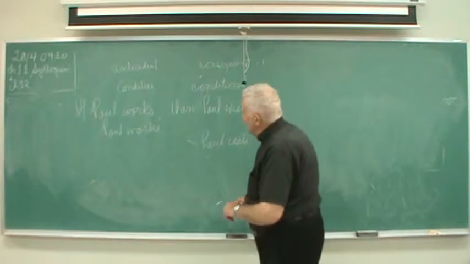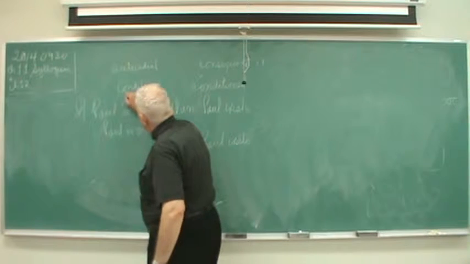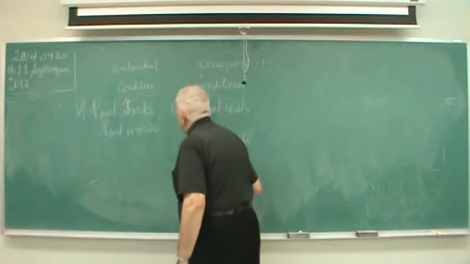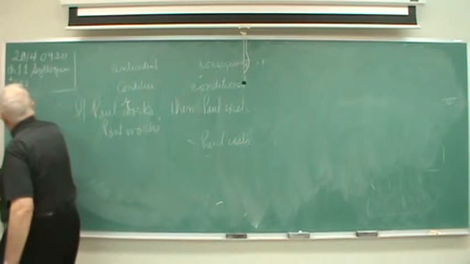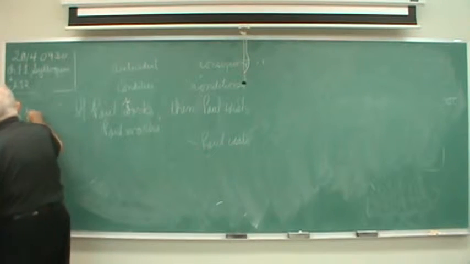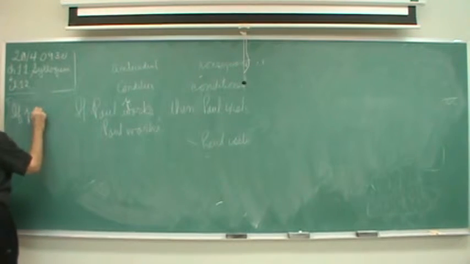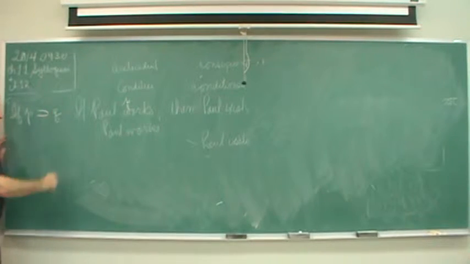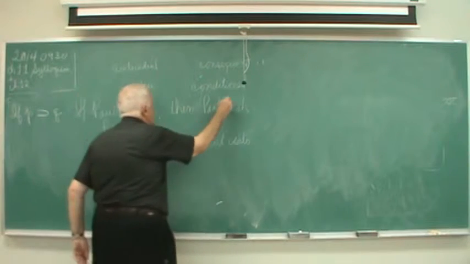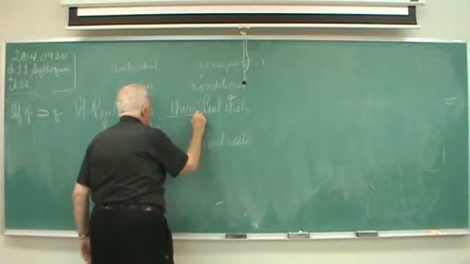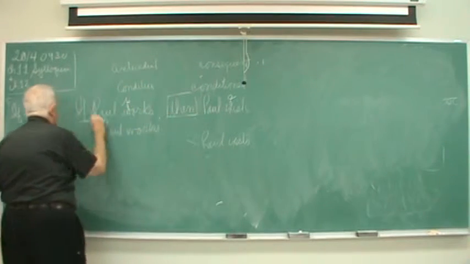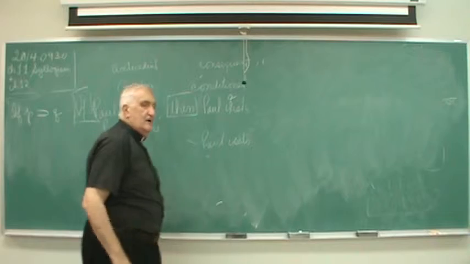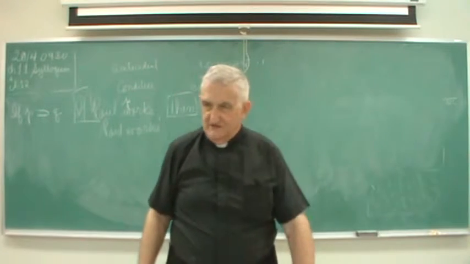Okay? So if Paul works, we call that P. So we say, if P, then Q. Q here is that he exists. So if, then, that is the characteristic of a hypothetical syllogism.